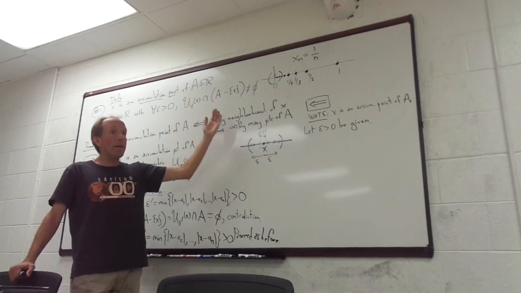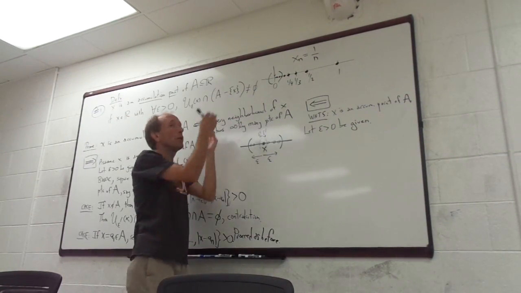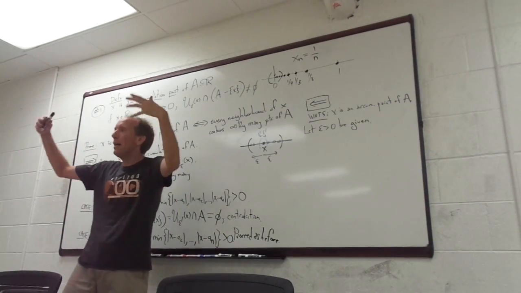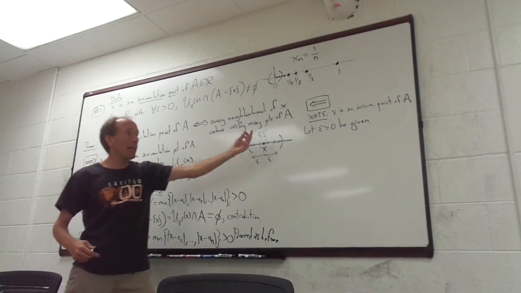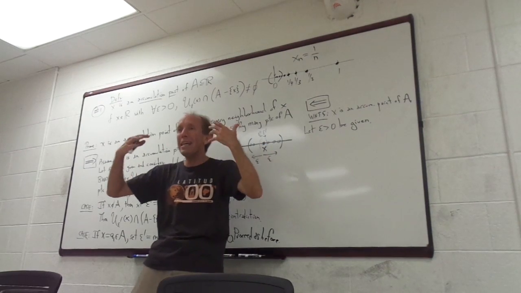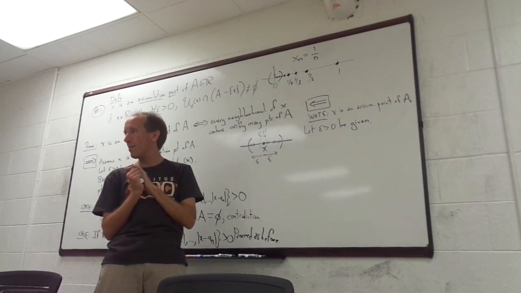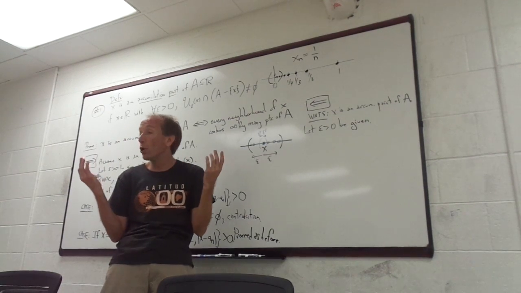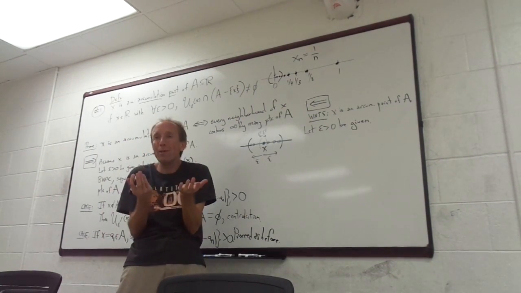Because we know that every neighborhood of x has some property. So the question is, how do we get a neighborhood? Well, every time we have an epsilon in our hands, we can make a neighborhood to which we can apply this assumption. I don't even know if this is going to work yet, but that would be the only thing I would know what to do.